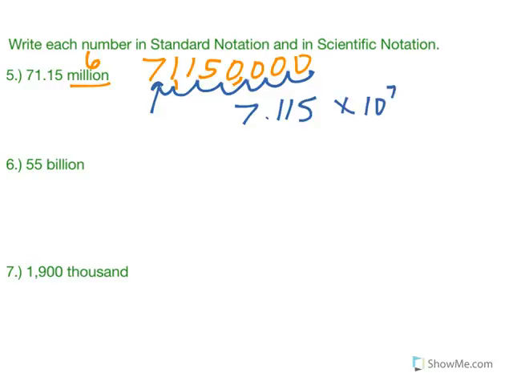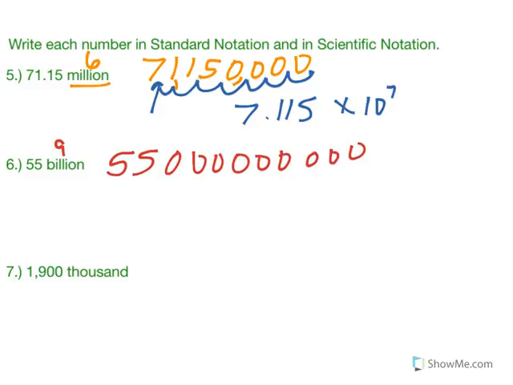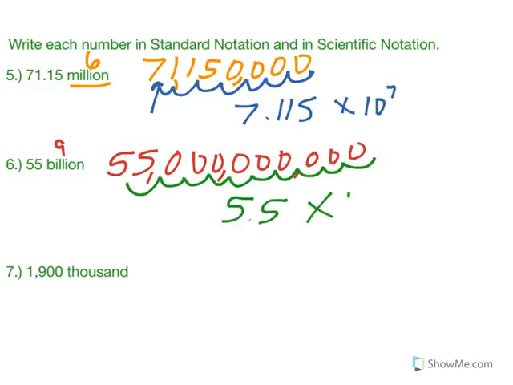In number 6, 55 billion. Well, billion means 9. So 55, 1, 2, 3, 4, 5, 6, 7, 8, 9. And there is my standard form. Once again, for scientific notation, 1, 2, 3, 4, 5, 6, 7, 8, 9, 10. So that would give me 5.5 times 10 to the 10th.